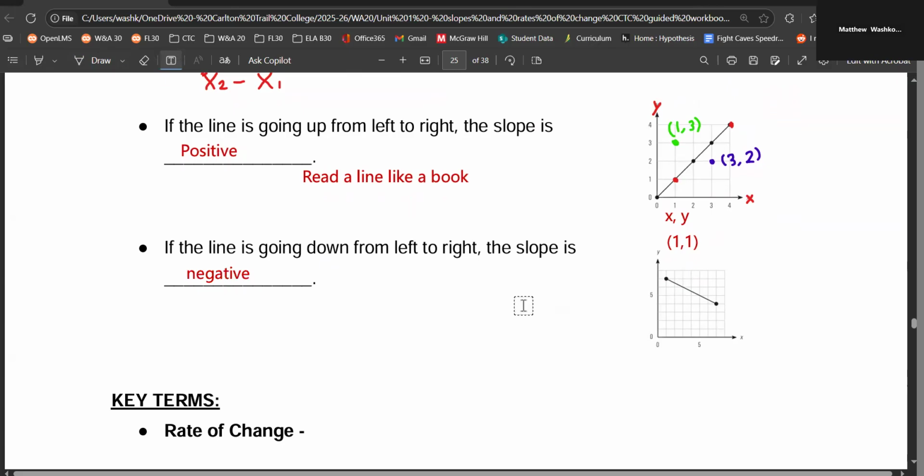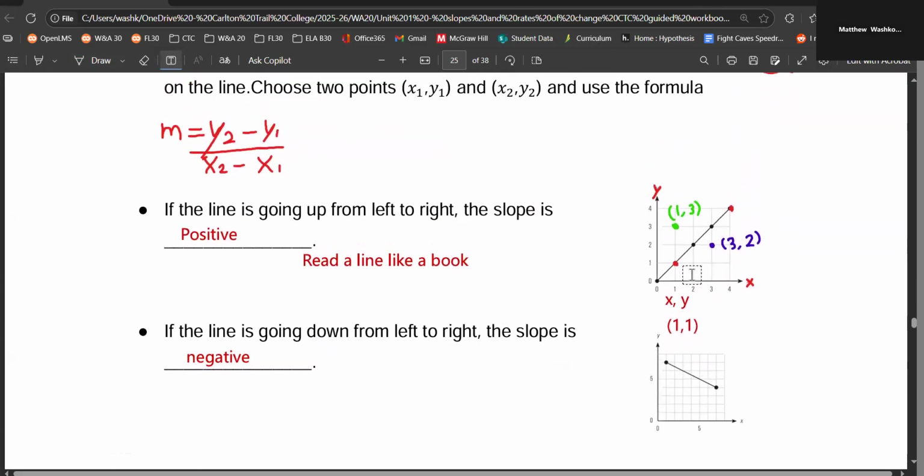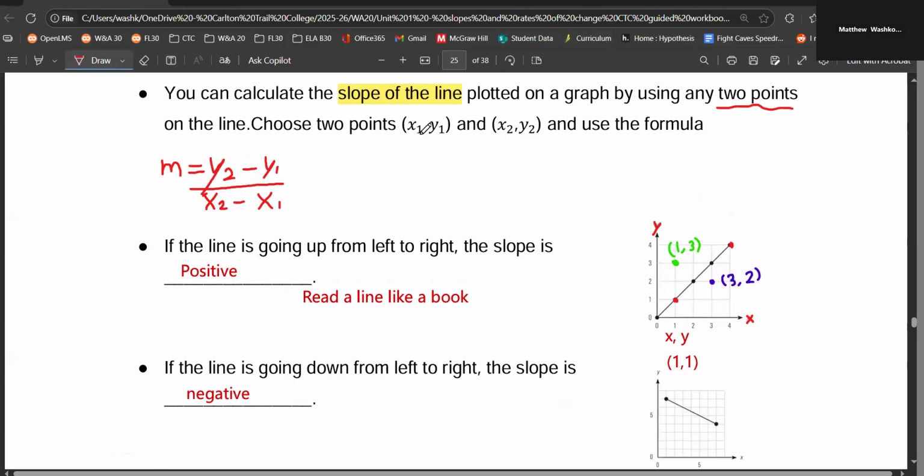That's important here. So when I pick these 2 points, remember I need to pick, this is point 1, and this is point 2. I'm going to use my red ones here, which is (1, 1) and (4, 4), because these are on the same line, right?